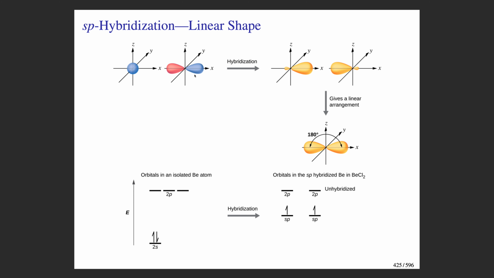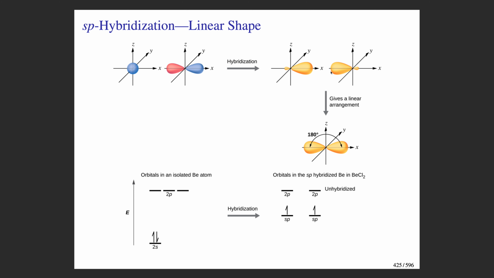If you subtract this wave function from that one, you're going to get this hybrid orbital, which is similar in shape, but it's pointing along the opposite direction. Right? It's pointing in the negative x direction. So two atomic orbitals go in, and you get two unique hybrid orbitals coming out. And each of these hybrid atomic orbitals can participate in bonding.